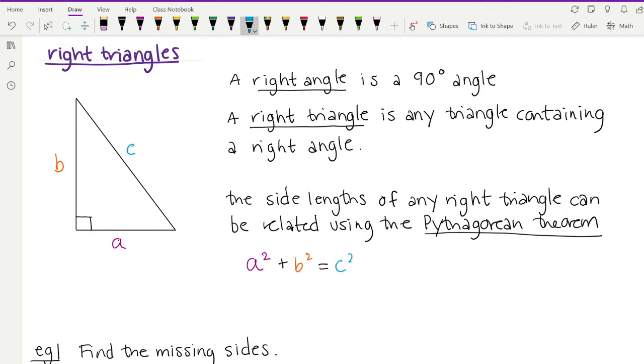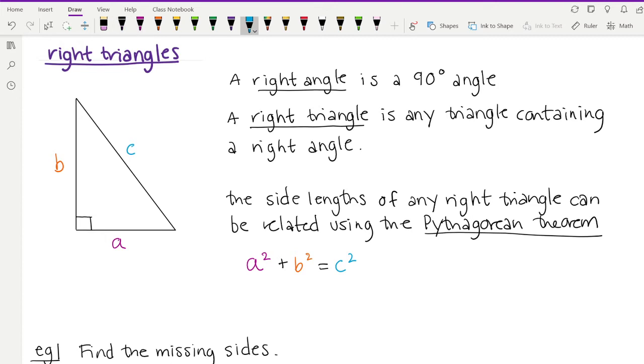It basically means that if you take the side lengths of the two sides that are perpendicular to each other, the two on either side of the right angle, and square them and add them up, you get the length of this longer side squared.